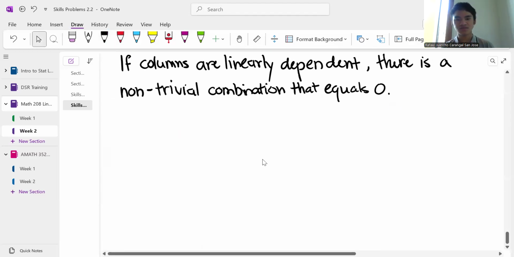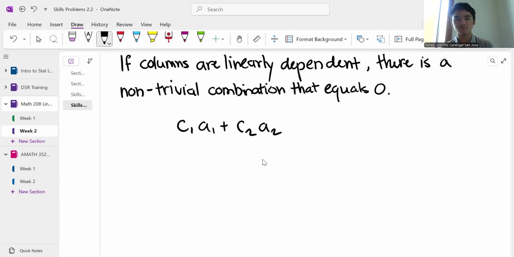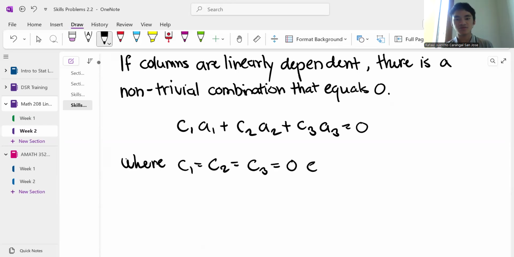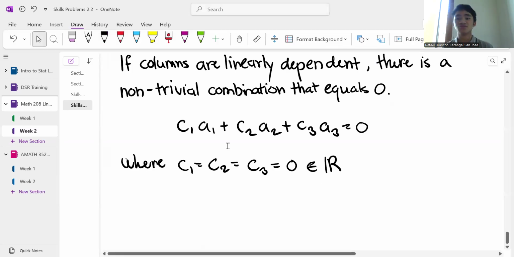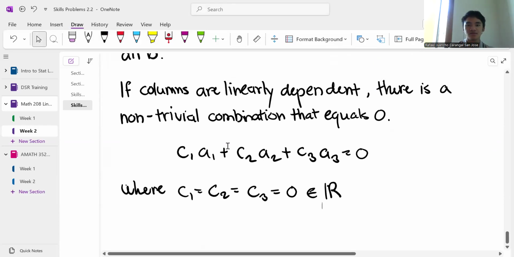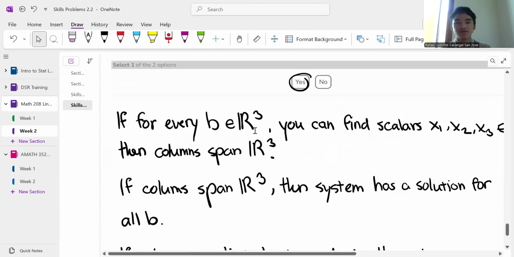Say we have scalars c1, c2, c3, where we say that c1, c2, and c3 are 0 and they're real numbers, right? But if there is another solution that is non-trivial, then it's linearly dependent.